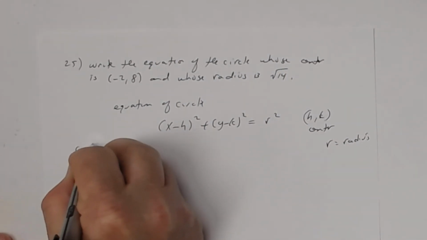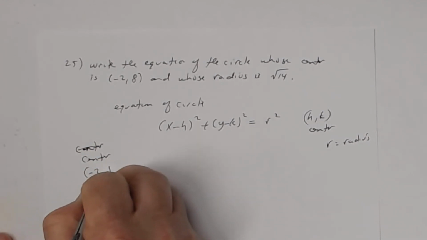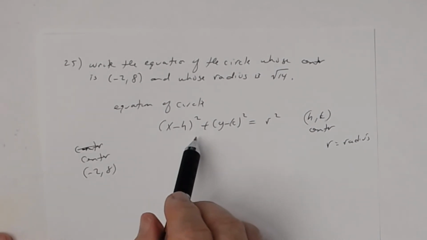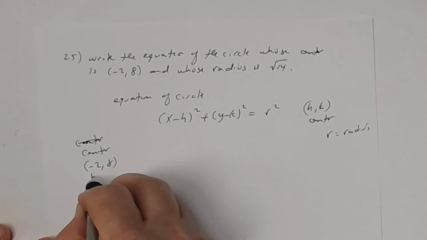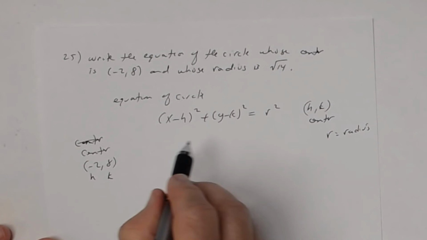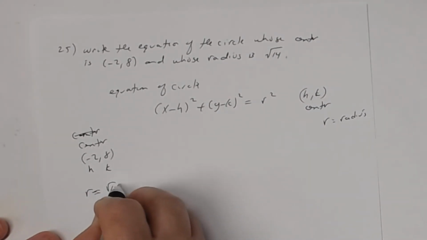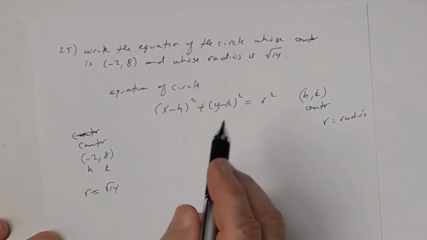The center we represent as (h, k), so h is negative 2 and k is 8. You're told the radius is the square root of 14. So we have all the information we need to make a substitution.